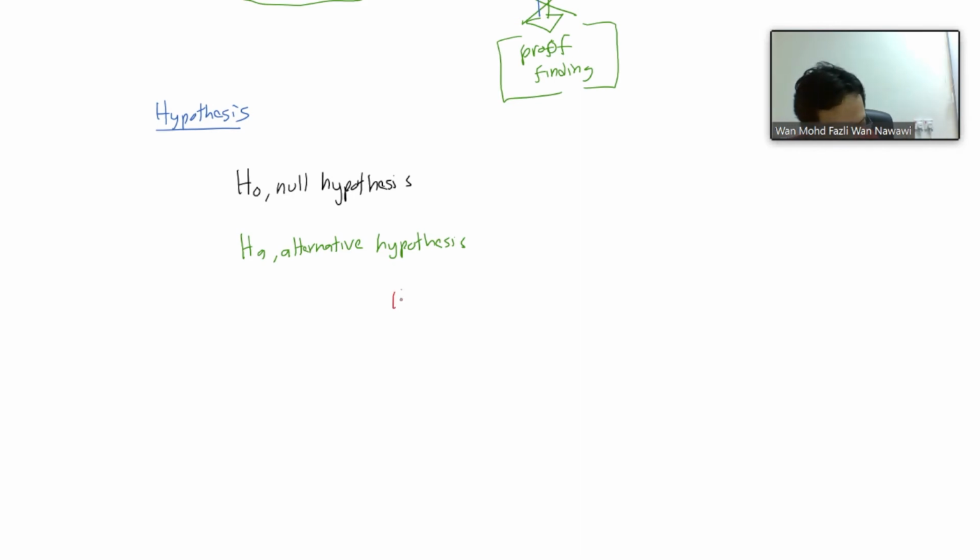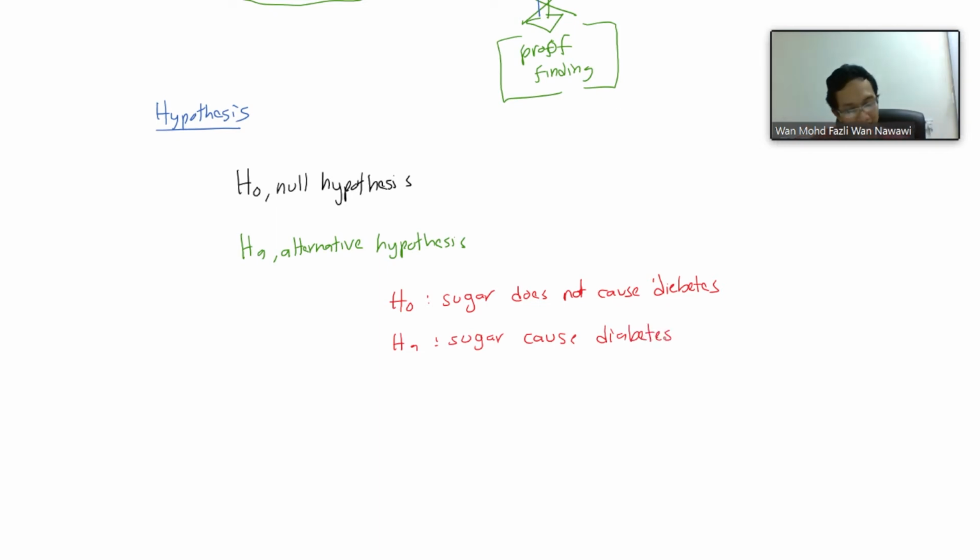The null hypothesis is that sugar does not cause diabetes, and the alternative hypothesis is that sugar causes diabetes. So when you do the experiment, you want to either prove or disprove these two things.